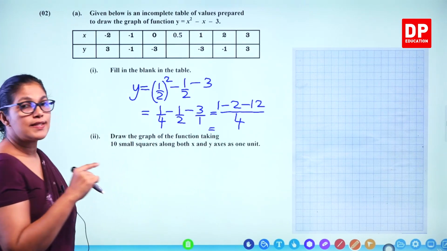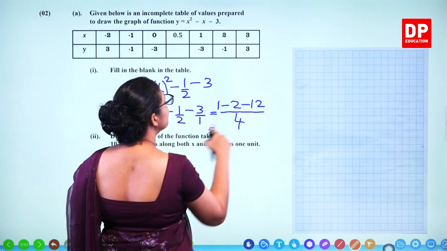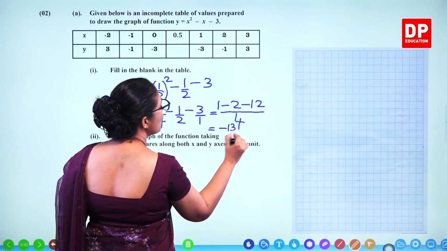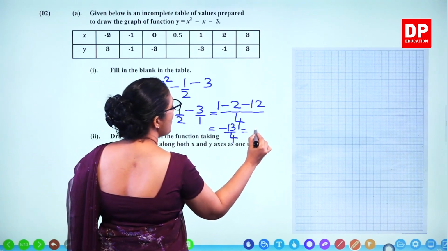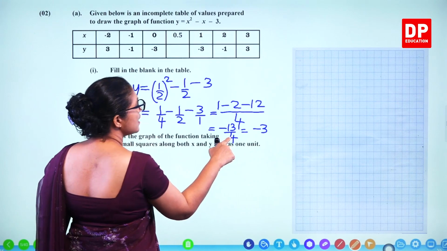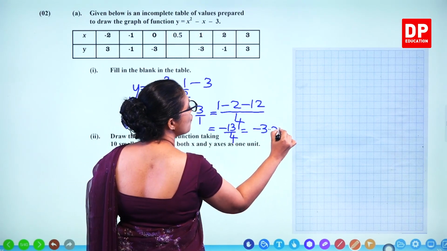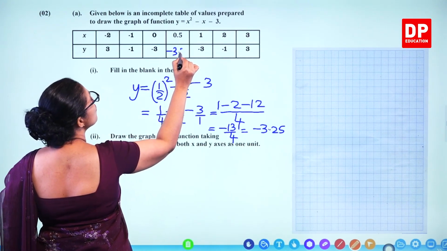I converted to the same denominator. So you get 1 minus 14, that's minus 13 over 4, which is minus 3, that's 12. 1/4 means 3.25. So minus 3.25.